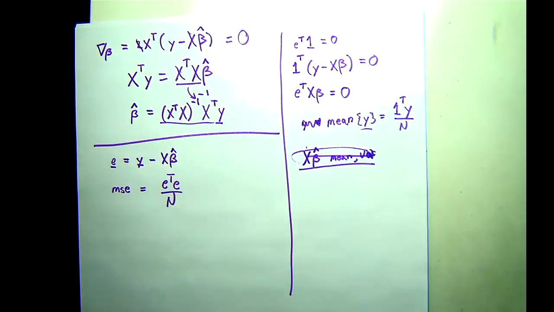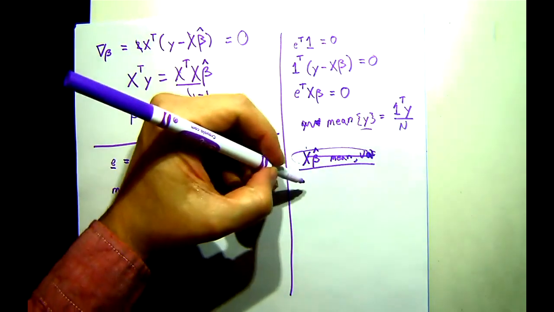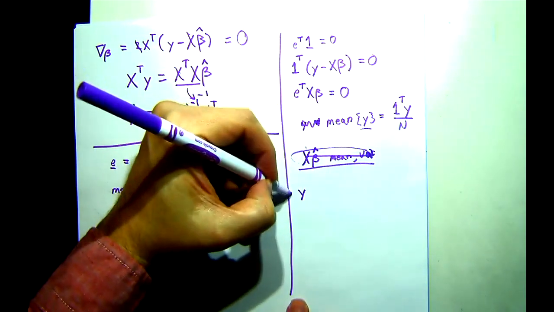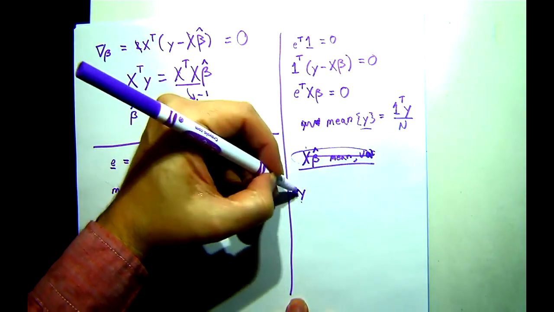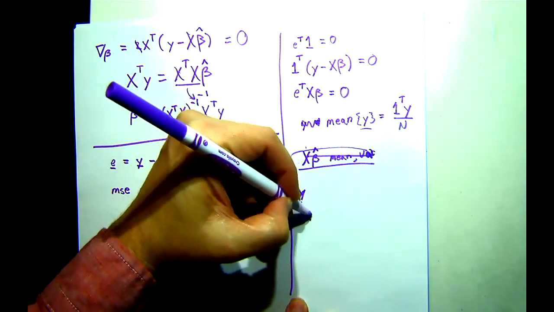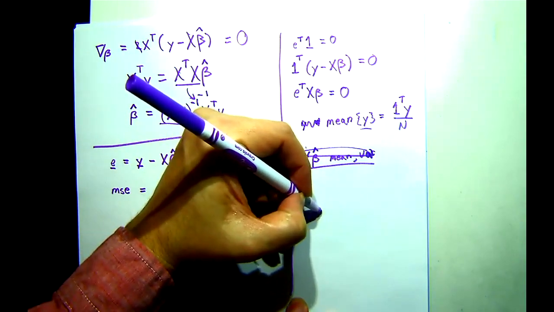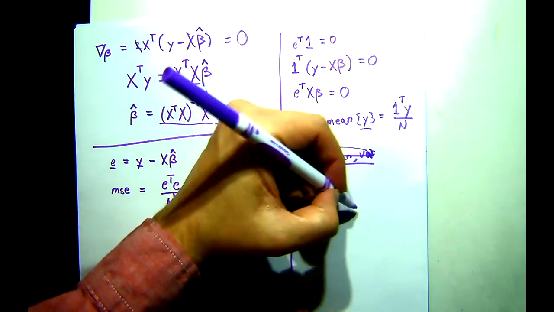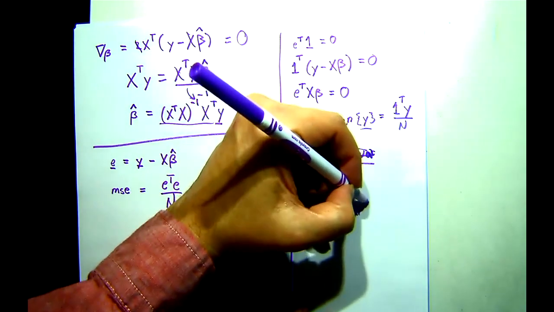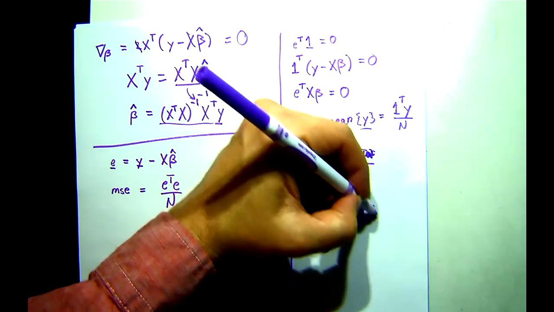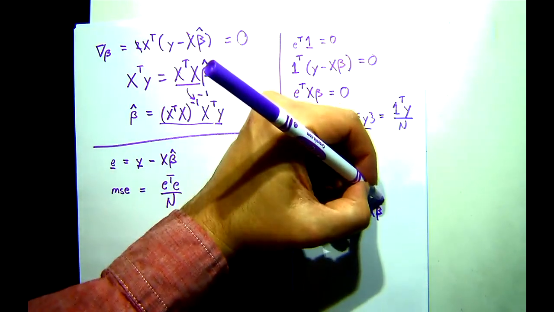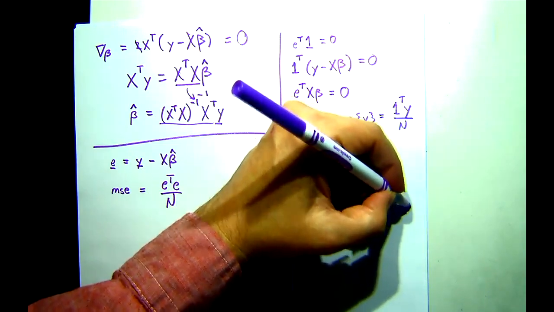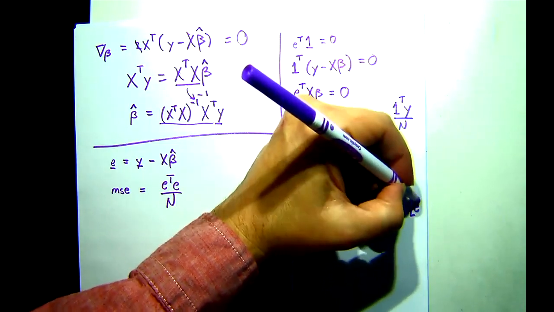The point here, though, is something that's somewhat important. If you do the math on variance, you can show that the variance of y is equal to the variance of x beta hat plus the variance of the error.